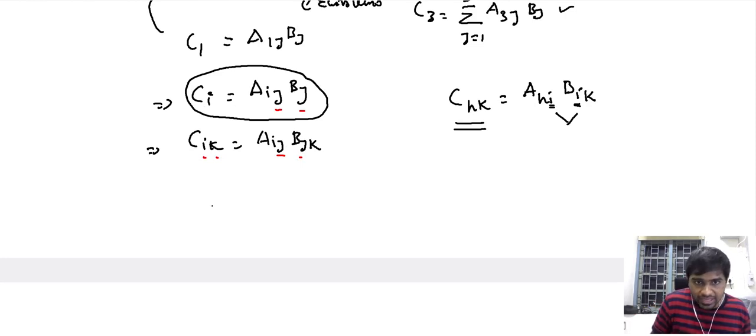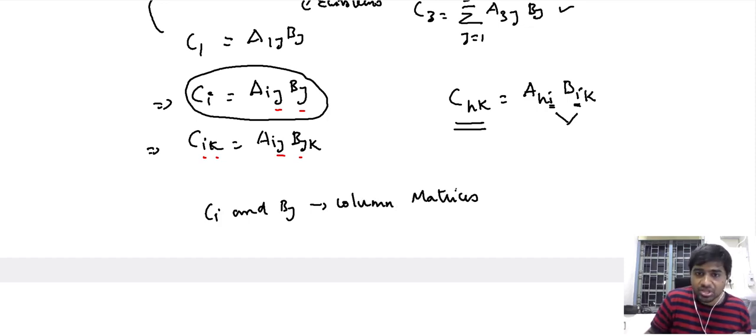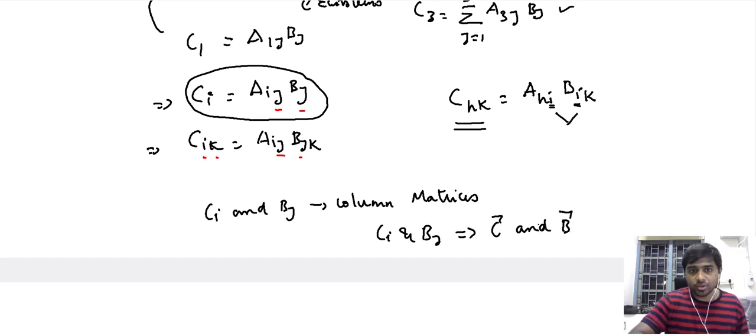So C_i and B_j both are nothing but column matrices. What essentially we mean is C_i and B_j are two different vectors, a C vector and a B vector. So we are considering a product of a matrix and a vector, and that ultimately leads us to another vector.